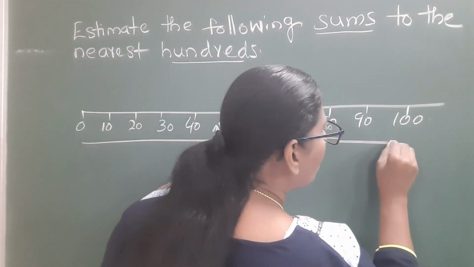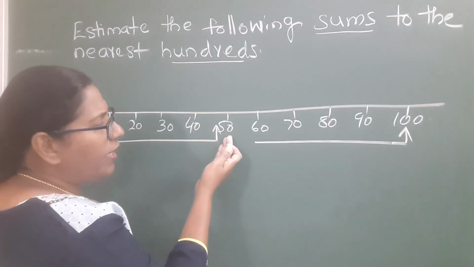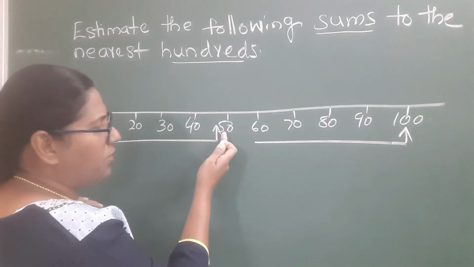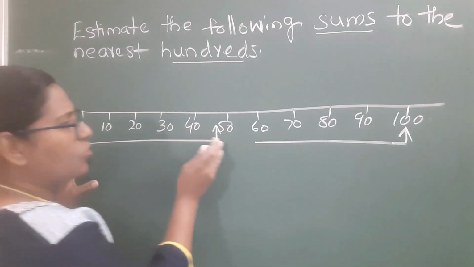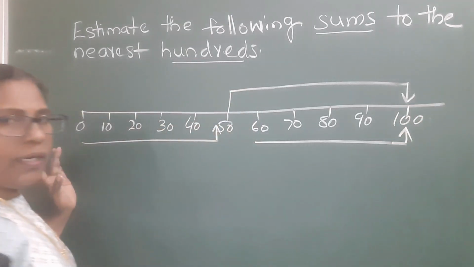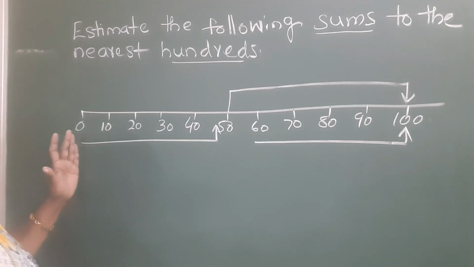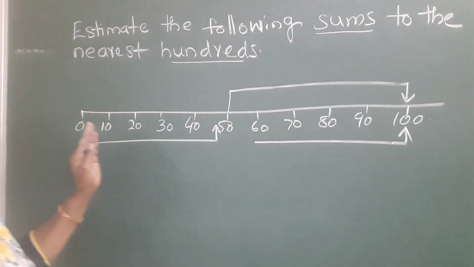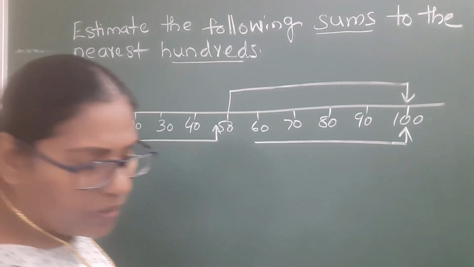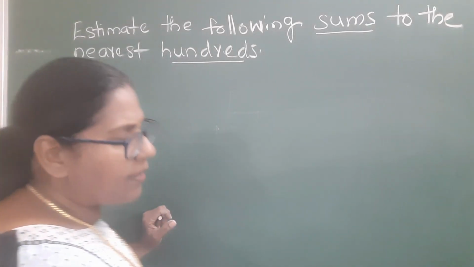From 60 to 100, we will round off to 100. Now here, 50 is in between 40 and 60. This 50 is equidistant to 0 and 100. So 50 also rounds off to 100. Understand? So this is the scale that you have to remember when you do the rounding off to the nearest hundreds.